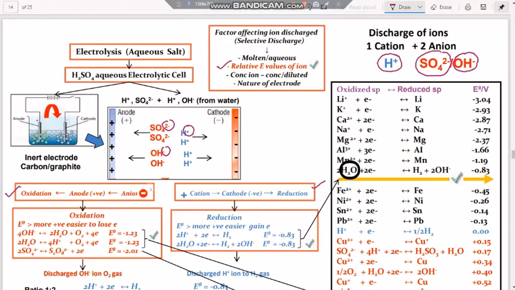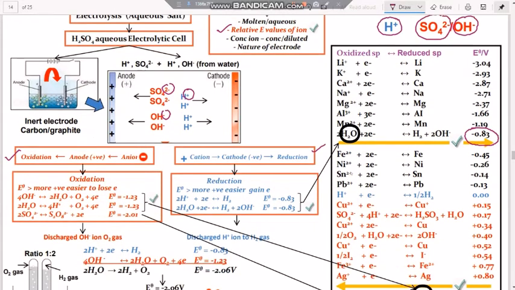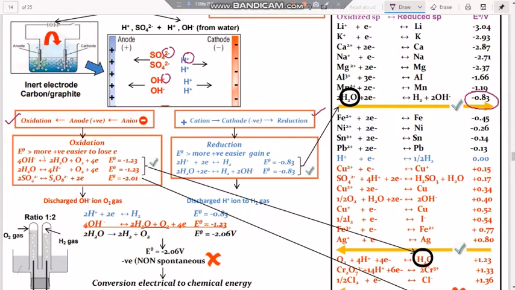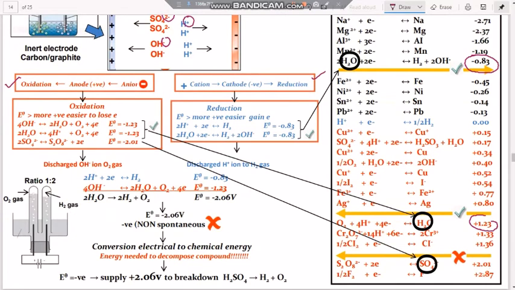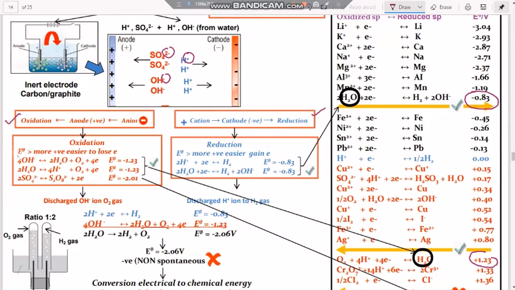In the sulfuric acid solution, the reduction potential of water is given as minus 0.83, while the oxidation potential of OH minus ions is plus 1.23, and sulfate is plus 2.01.